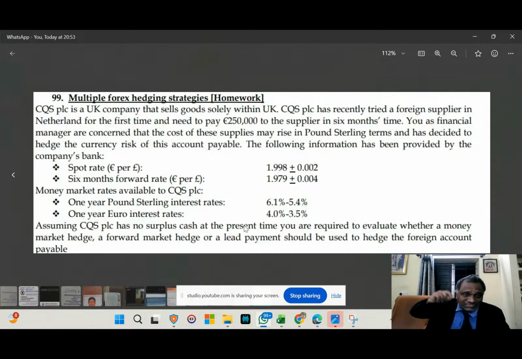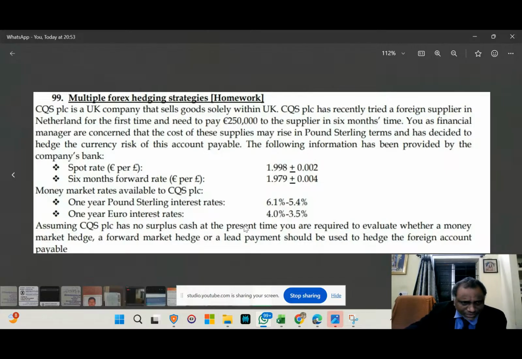Money market rates available to CQS PLC: 1 year pound sterling interest rate 6.1 to 5.4, and 1 year euro interest rate 4.0 to 3.5. For bid rate 6.1, for ask rate 5.4, for bid rate 4.0, for ask rate 3.5.